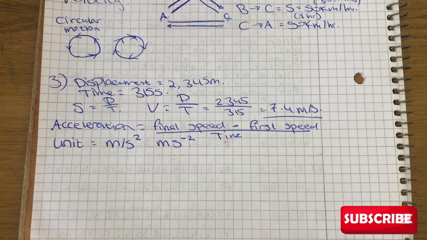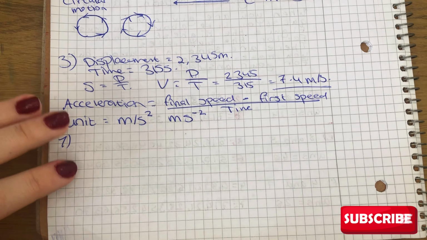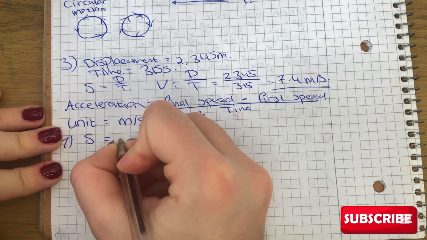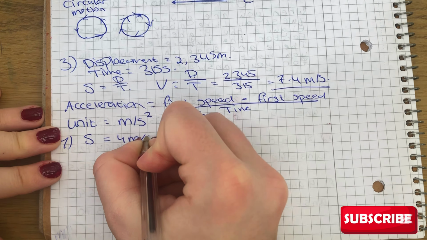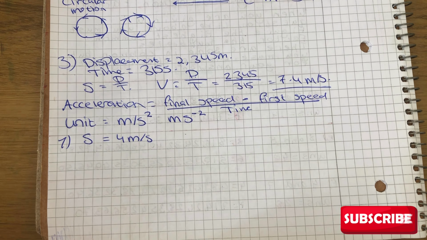So say you are given the problem: a car is moving at the speed of 4 meters/second. And then after 12 seconds, it is moving at the speed of 28 meters/second.